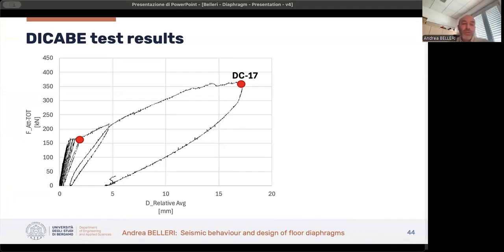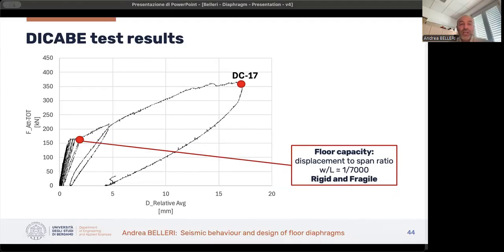So the first point is representative of the actual floor capacity. We can see a very stiff behavior until reaching the capacity. And when I talk about capacity, I mean the activation of mechanism B and the failure of the shear transfer at the support.